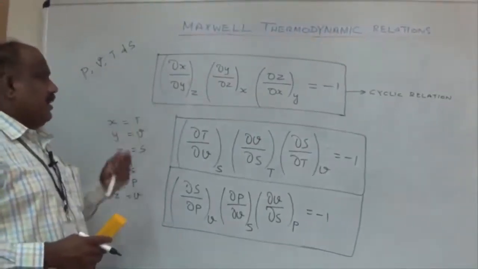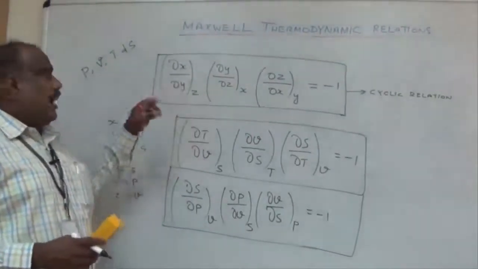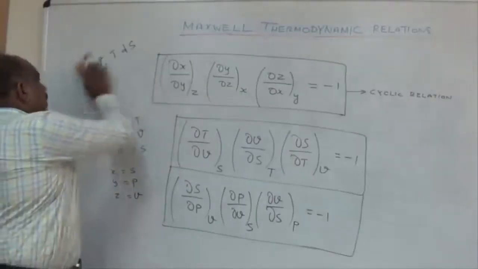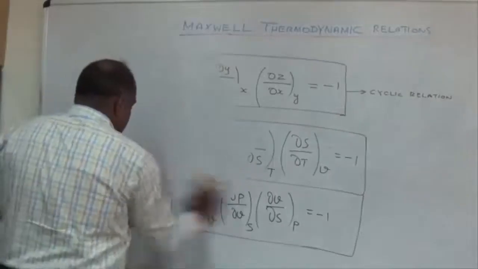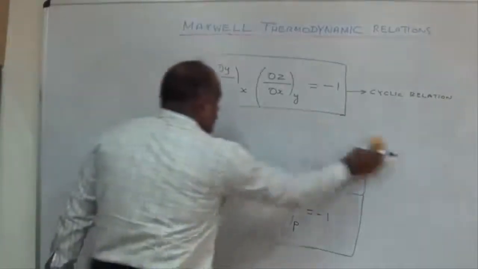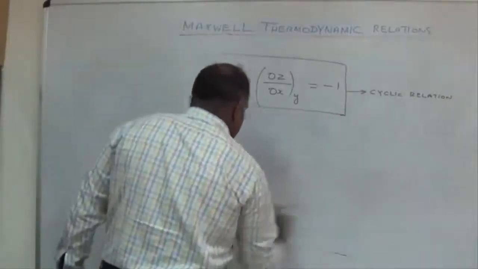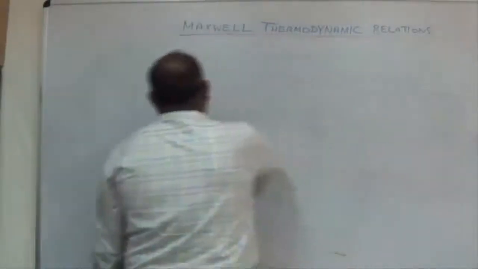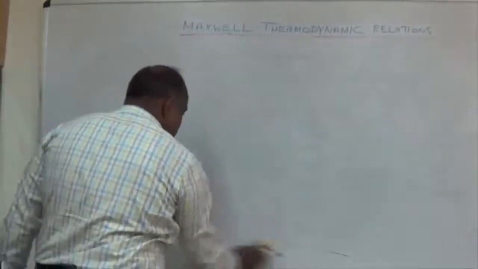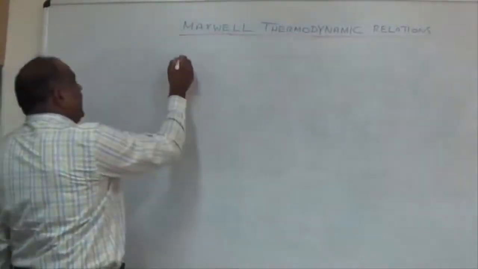So far we have seen what is meant by cyclic relationship and how it has been derived. And there is one more rule called the chain rule.